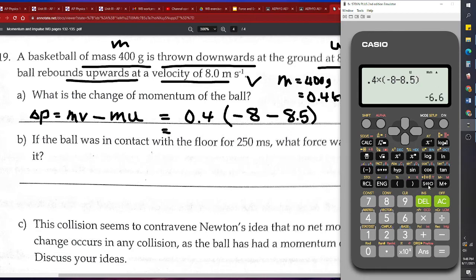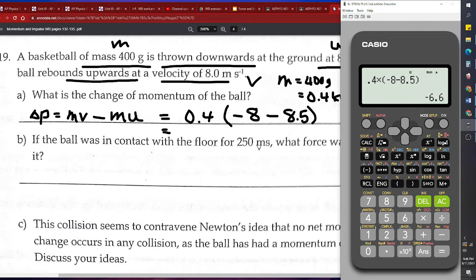We can see there is a negative value to the change in momentum. That makes sense. The momentum changed direction, right? The direction of the velocity was up when initially it went down. So it makes sense the momentum is a negative value.